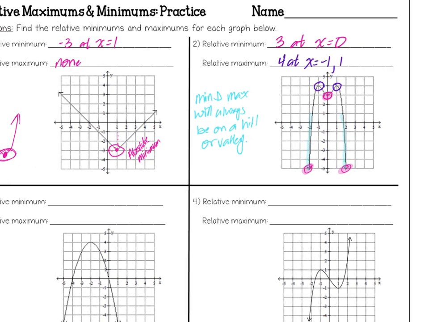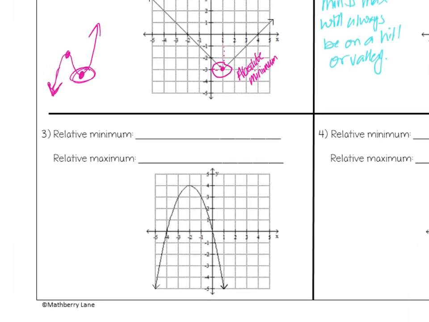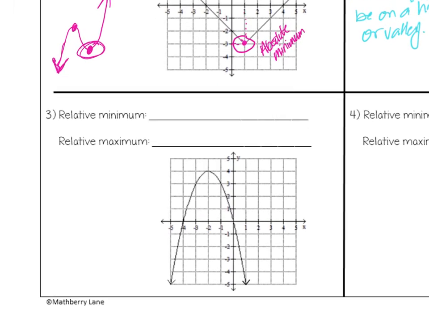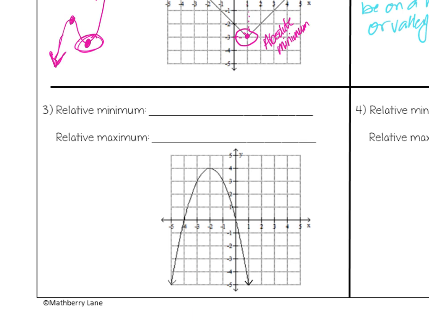Okay, let's try this again. So there we go. Go ahead and do that one. Okay, so on this particular one, I only have a high point. It's an absolute maximum because it's the highest point I have, but it's still a maximum.